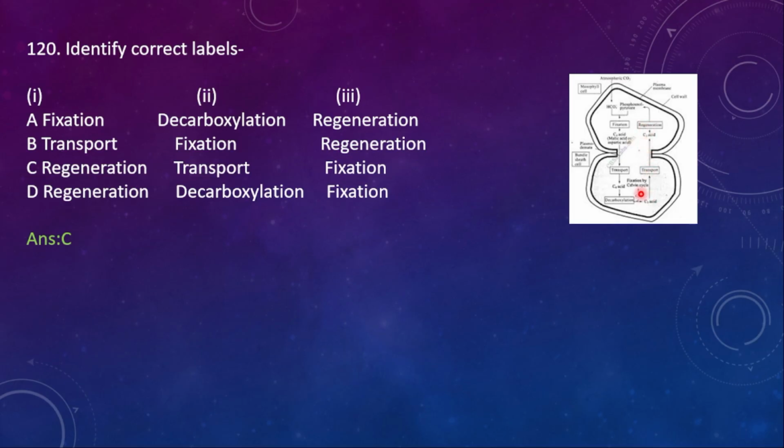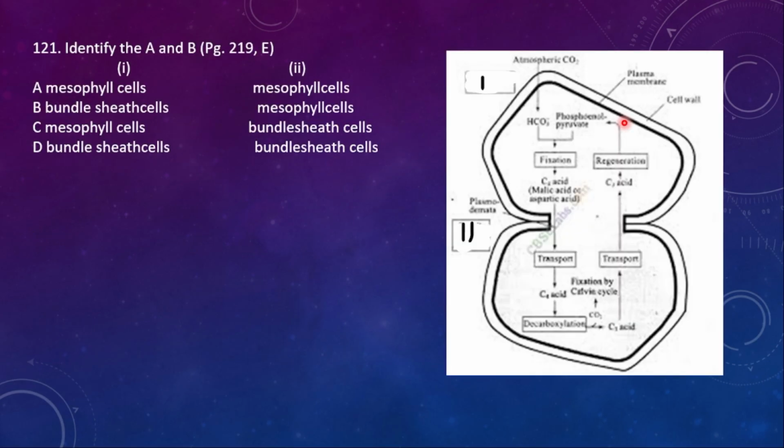This one is 2 and then this one is 3. Identify the A and B. Here what is A and then what is B? This is A and this one is B. This is mesophyll cell and then this one is bundle sheath cell.